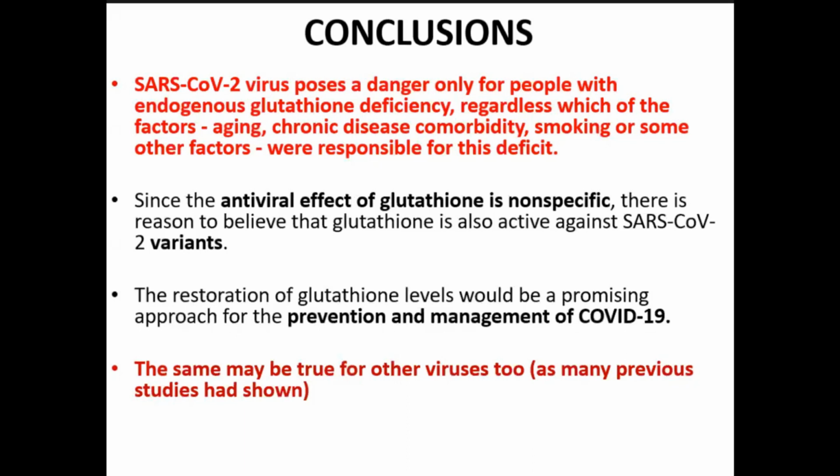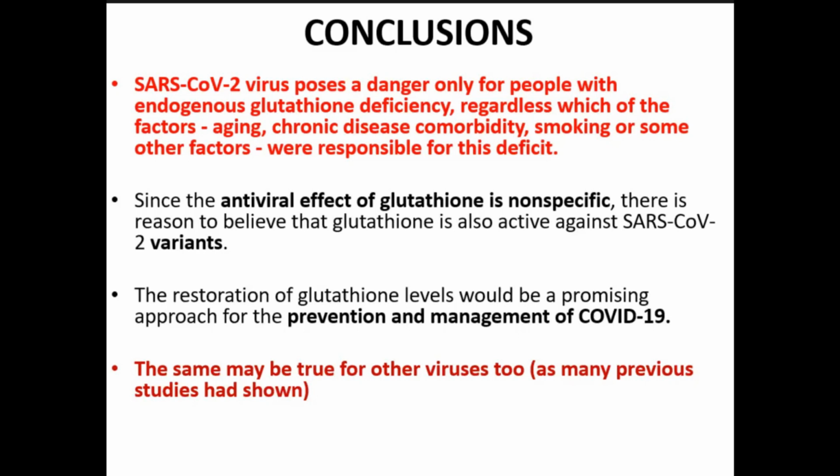The COVID virus poses a danger only for people with endogenous glutathione deficiency, regardless of the factors: aging, chronic disease comorbidity, smoking, or some other factors. According to the authors of the studies quoted earlier, all those other factors are actually because they cause glutathione deficiency or are associated with glutathione deficiency.